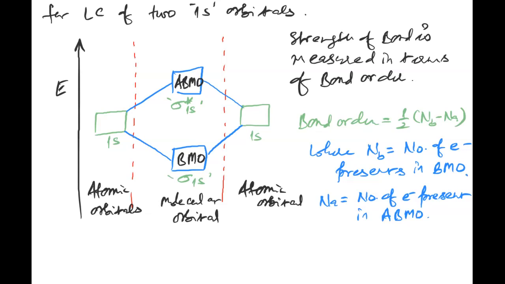Nb is the number of electrons present in bonding molecular orbitals, and Na is the number of electrons present in anti-bonding molecular orbitals.